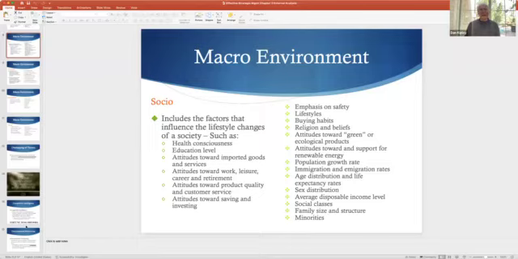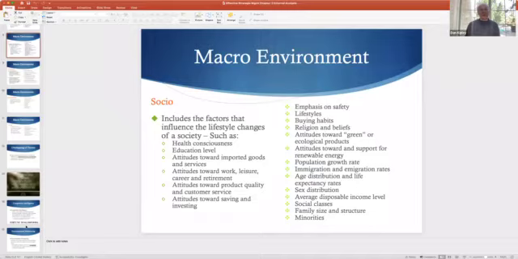What about population growth rate and immigration rates? Well, we know there's been a lot of discussion about immigration. Will that have some sort of an effect on the industry that you're in? Age distribution, life expectancy, sex distribution, average disposable income level, social classes.